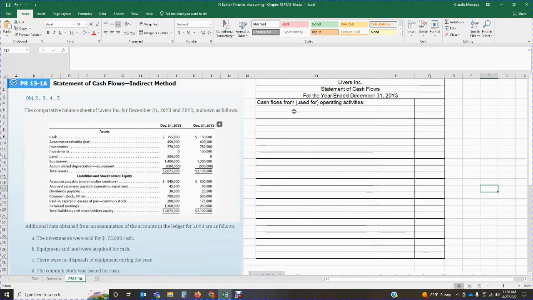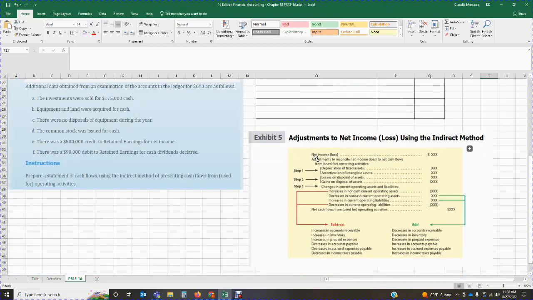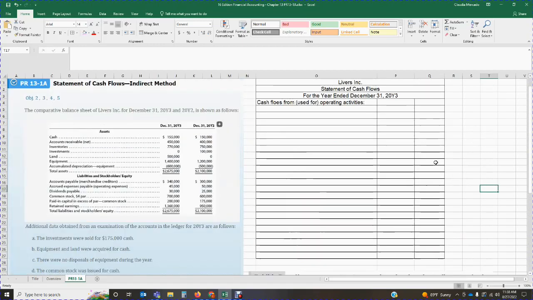The first thing that we have is we are going to bring in our net income or loss. If it's an income, it's positive. If it's a loss, it'll be negative. So let's bring in our net income. Now we have to go into the problem and locate our net income.